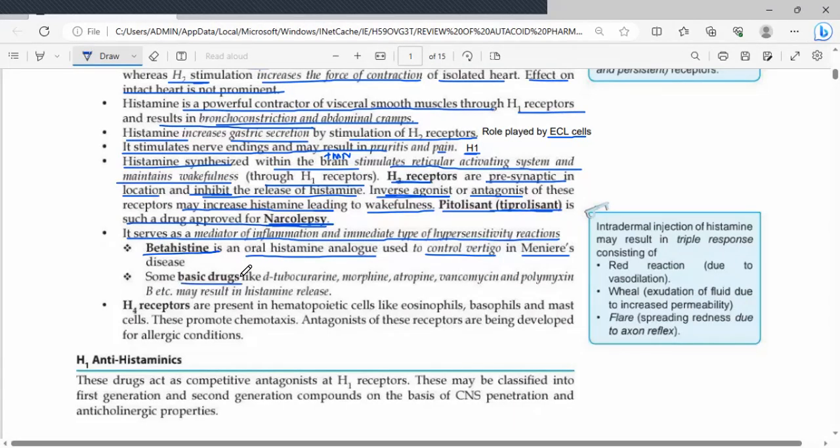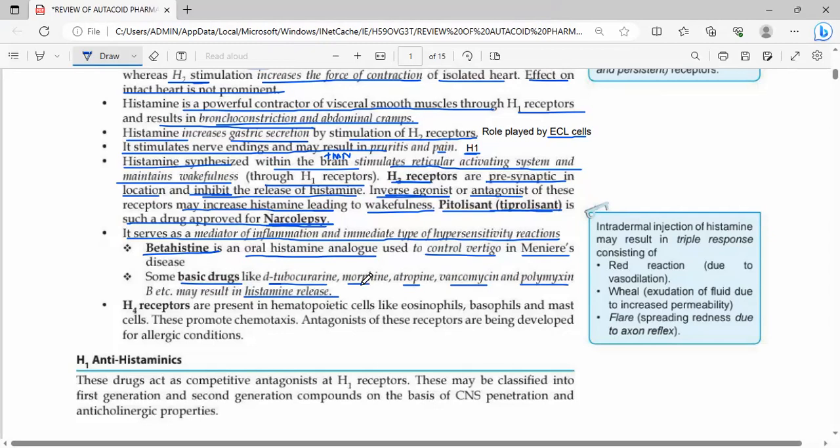The chemical mediated release of histamine is mediated by the following drugs: tuberculin, morphine, atropine, vancomycin, polymyxin B, which may result in histamine release. So please note that. Remember, the release of histamine from the mast cells is immunological or mechanical. Immunological is mediated by the IgE, and mechanical release occurs during physical trauma.